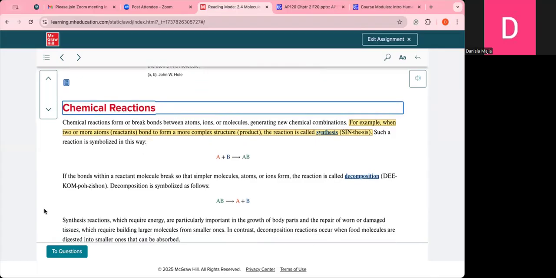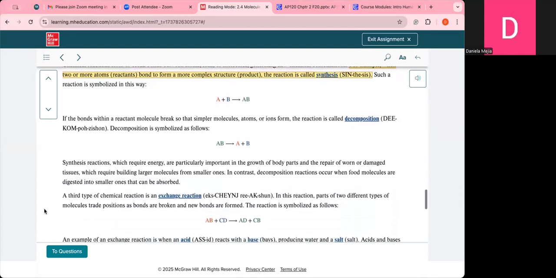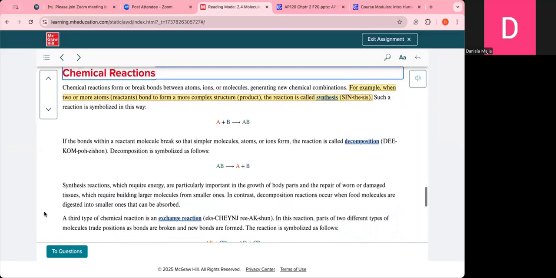And so we're looking for the definition of a product. It's in the yellow. I just read it to you. Two or more atoms, reactants, bond to form a more complex structure called a product.